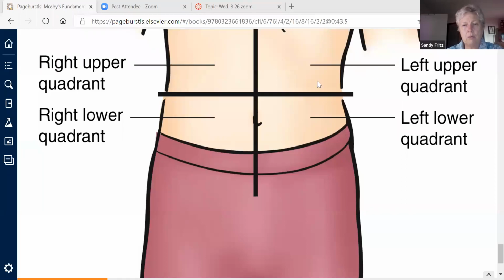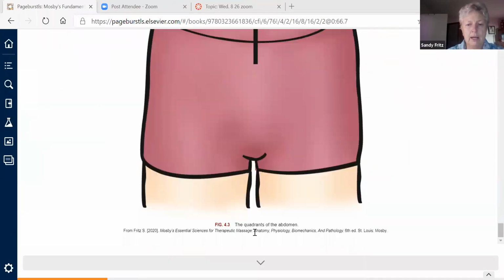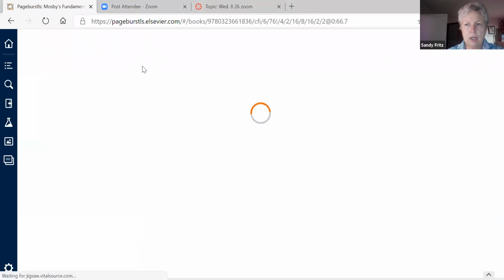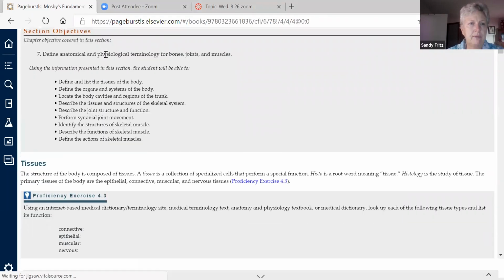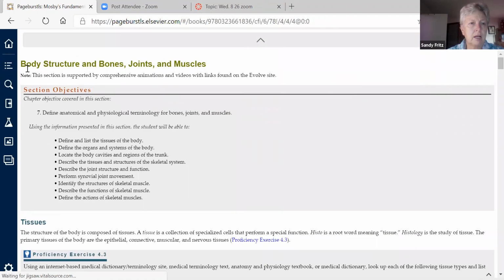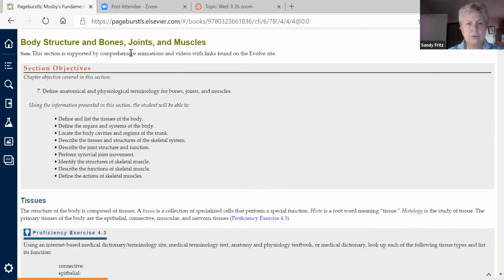So this segment is pretty black and white in the textbook. So here we go. And of course, this is going to mirror the science book. And this section right here, body structure and bones, joints, and muscles, it's not meant to be an anatomy course.